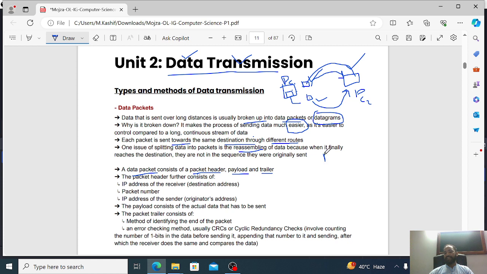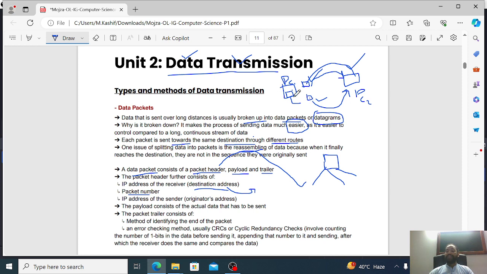So what is meant by header? Header contains two things. One is destination address. Destination address defines where this packet is going. And the second one is packet number.